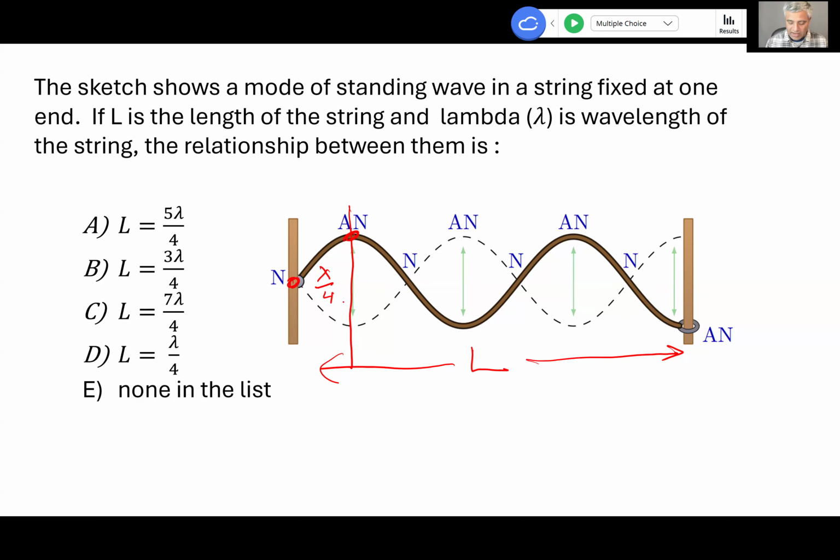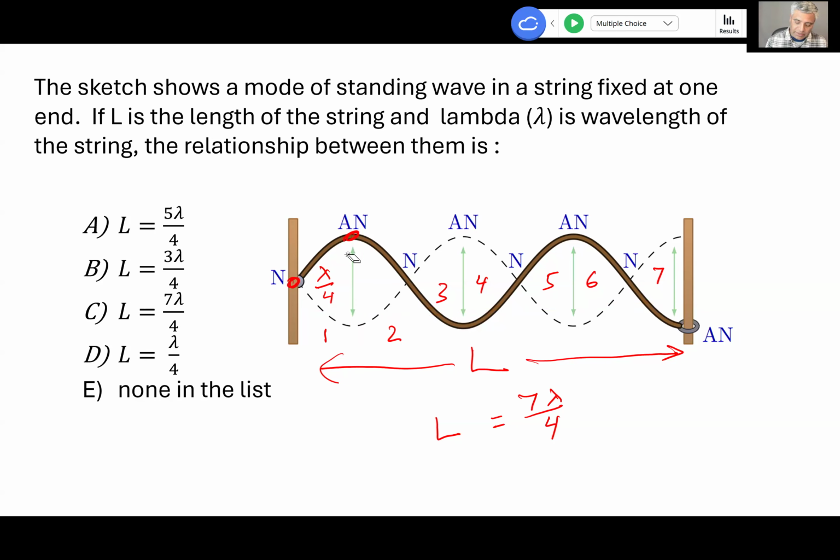And that way I can count. So for example, 1 quarter, 2 quarter, 3 quarter, 4 quarter, 5 quarter, 6 quarter, 7 quarter. So this is 7 quarter of the wavelength, and that is equal to this whole length.